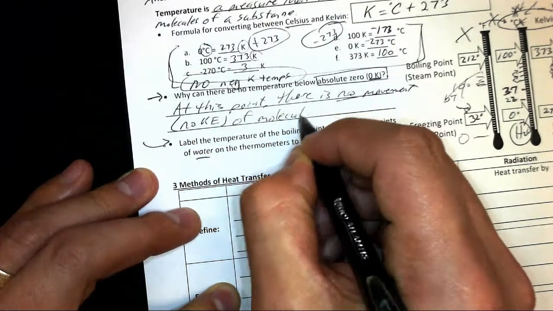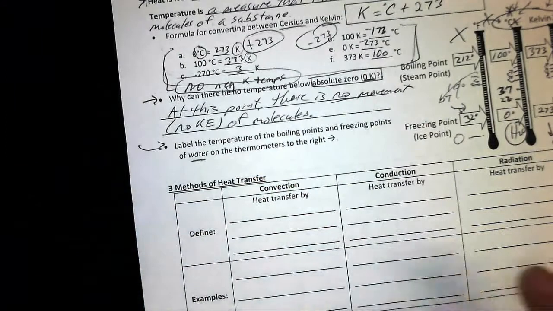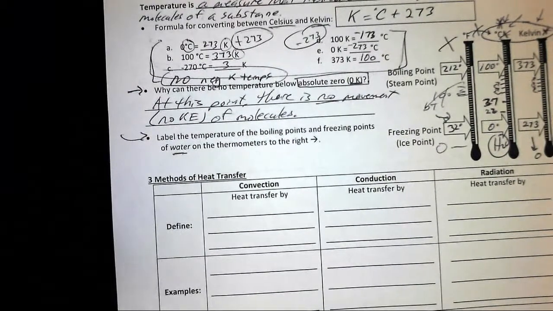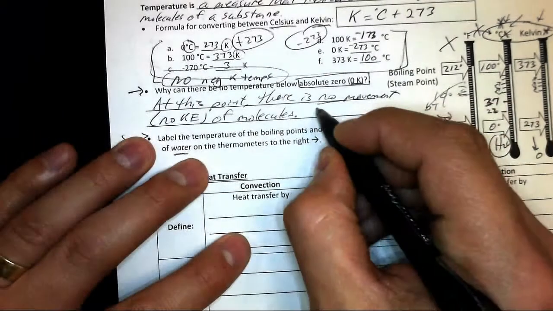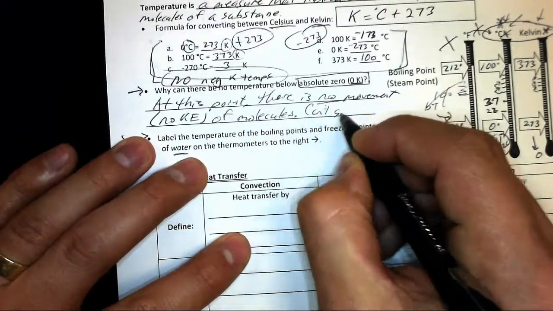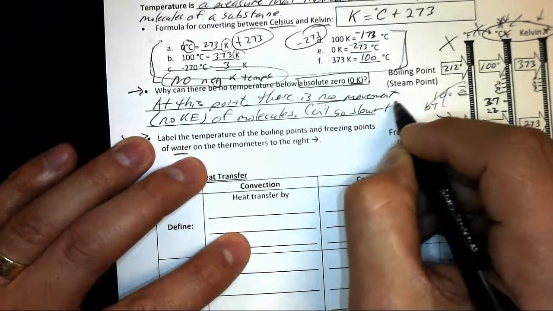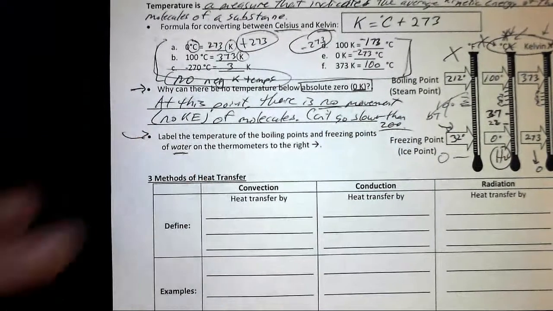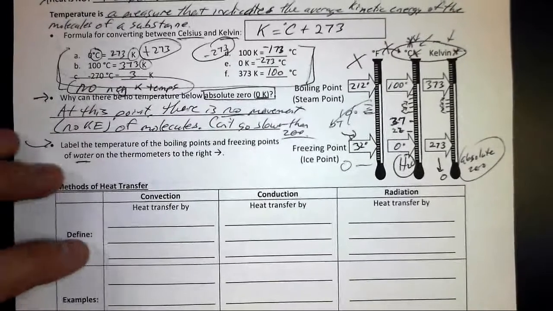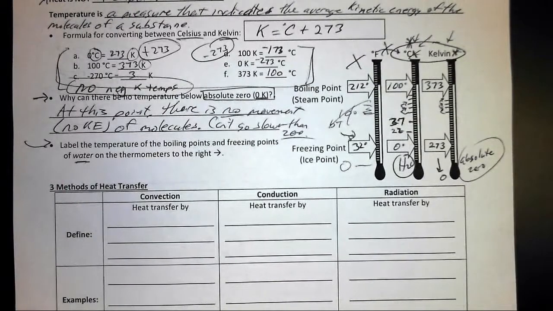There is no kinetic energy of the molecules at this point. So if temperature is the relative kinetic energy of the molecules and the kinetic energy is 0, you can't get any lower than that. In other words, you can't go slower than 0. You cannot go any lower than that. So that's the significance of this Kelvin scale, is it more accurately reflects what molecules are doing.